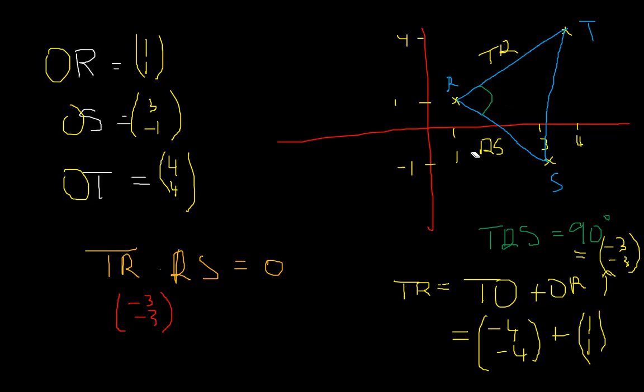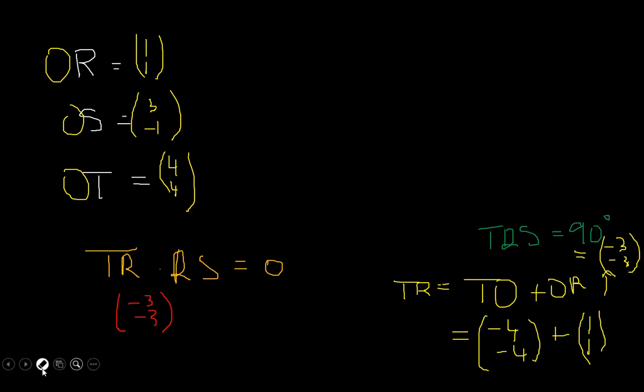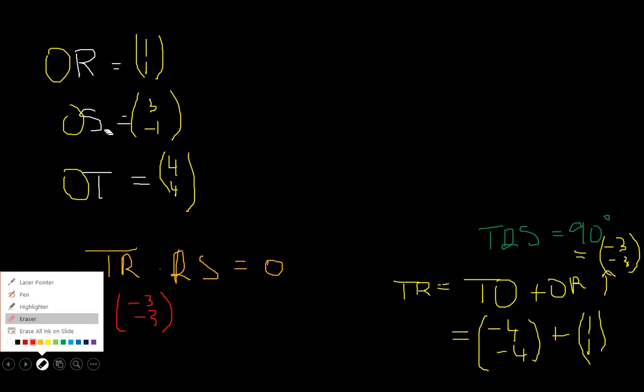Okay. So don't look at this diagram for OT. That diagram was us using the points R, S, T. Now we're using their position vectors.